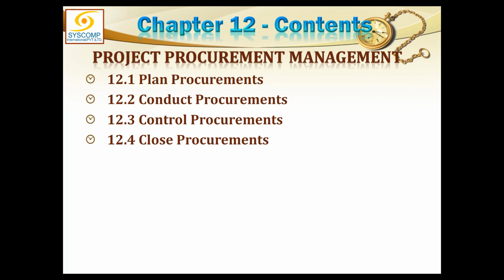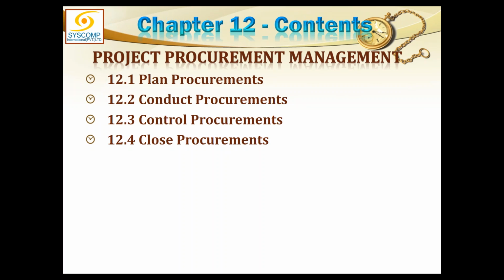And we have already studied in project risk management how and why we transfer a risk to a subcontractor. So these would be three situations in which you decide that you will not do this job yourself. And this is the part of the project which you are trying to outsource.